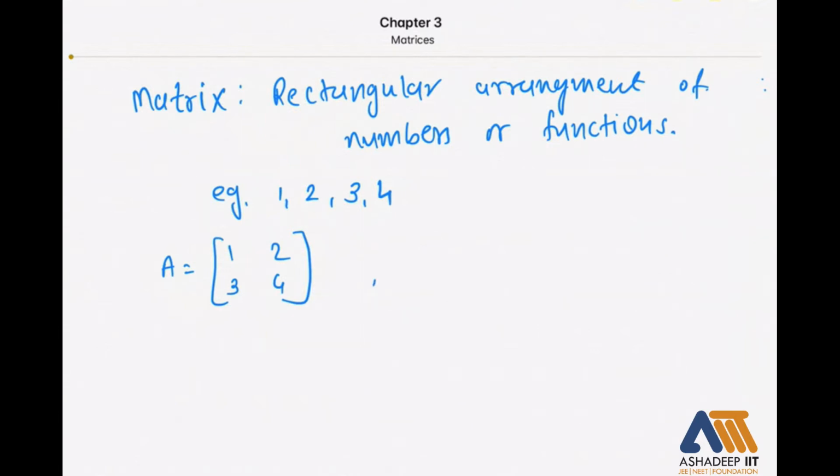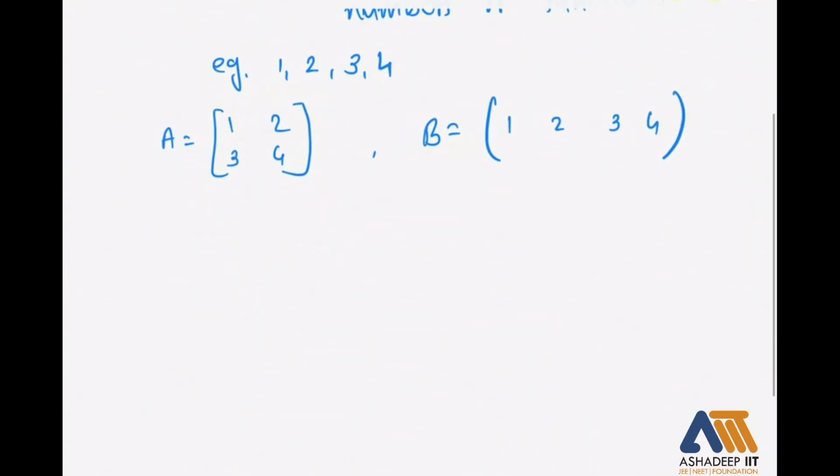The numbers can be put in square brackets also, 1, 2, 3 and 4. So these two are matrices. Here numbers 1, 2, 3 and 4 remain the same, but arrangements are different. So these are different matrices.